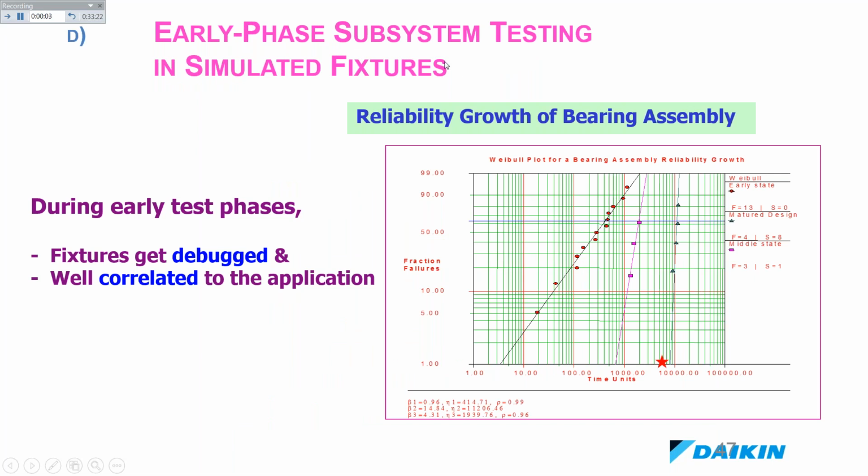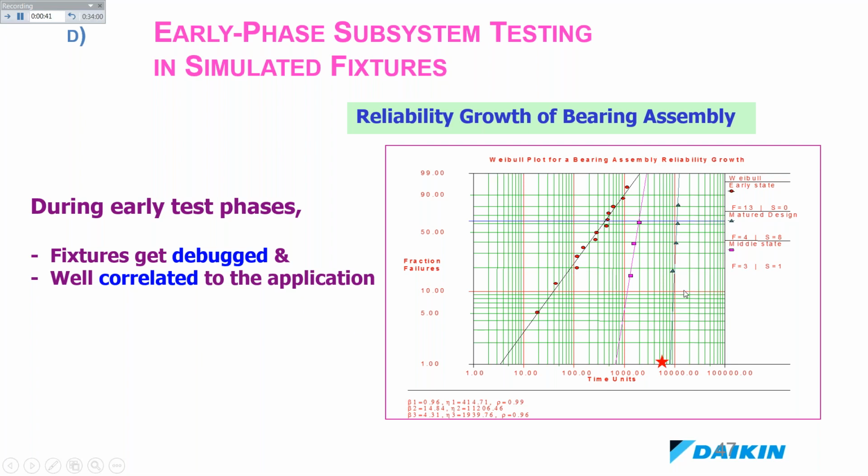So this is the other good situation, where you use test fixtures. Say you are going to test a subsystem, and now you have made subsystem testing. You have a fixture to test your bearing assembly, say, and all the suspension units or the springs. And your test fixture also has problems. So not only do you improve your test fixture from your first design iteration to the next level, you fix your product problem, the subsystem problem, but you debug your fixture also.